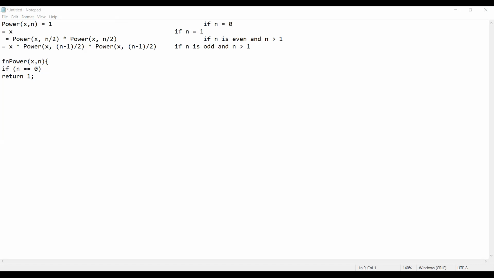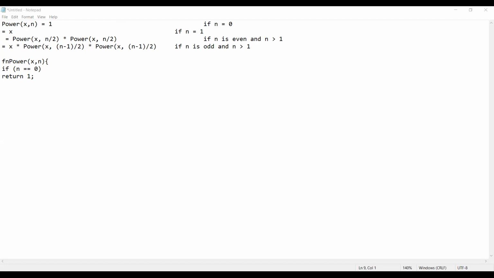So these two base conditions are merged into a single if conditional block. That's why in the factorial function we write if n equals 0 or n equals 1, it will return 1. But this does not happen in the exponential power problem, because for n equal to 0 it will return 1, but when n is 1, it will return the x value.